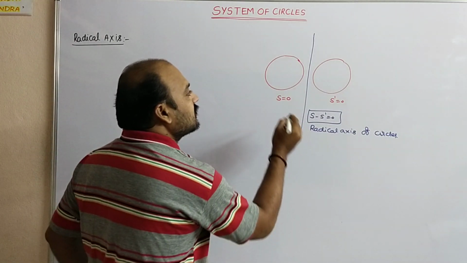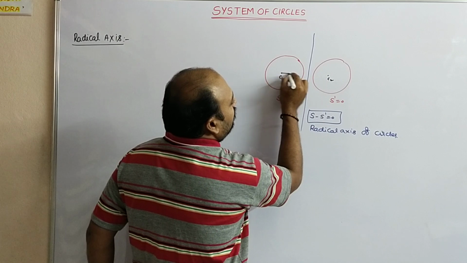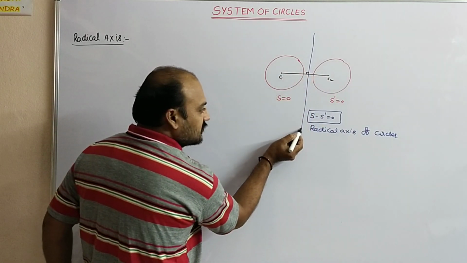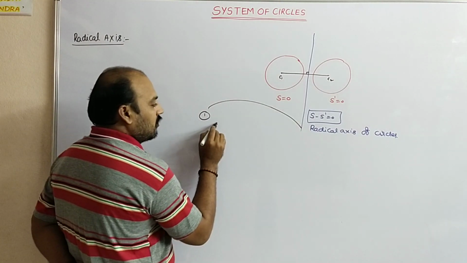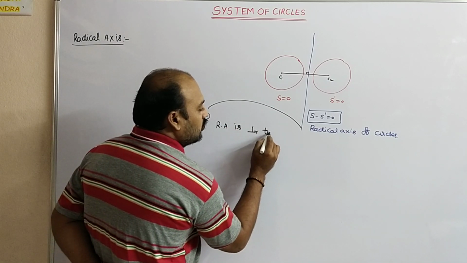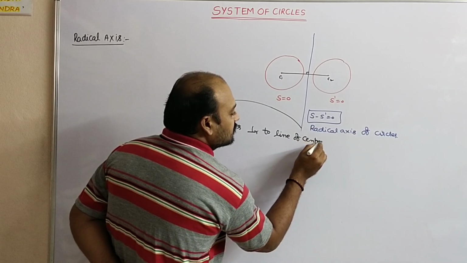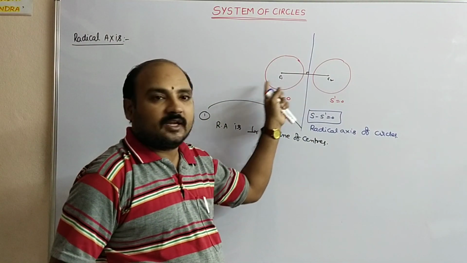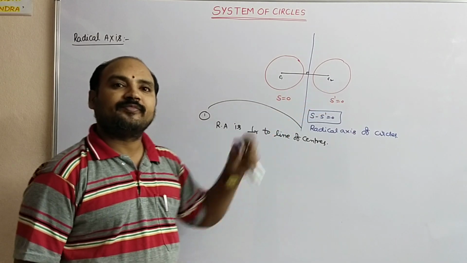These are the line of centers C1, C2. The first point: the radical axis of two circles is perpendicular to the line of centers.